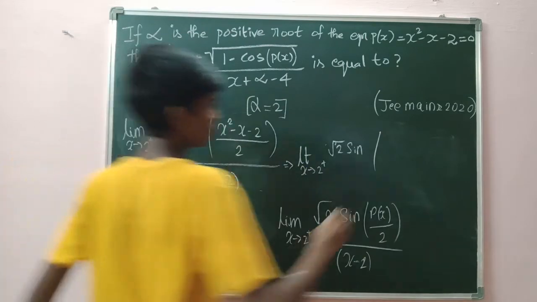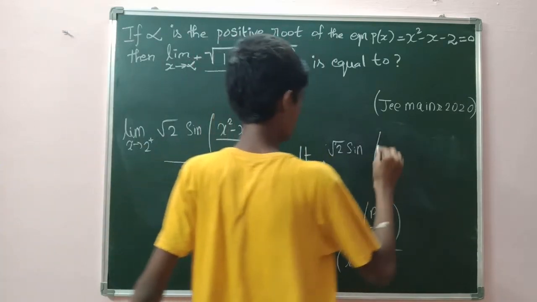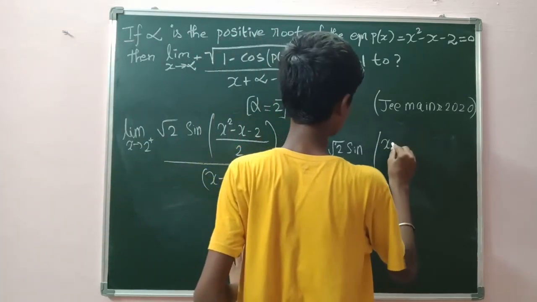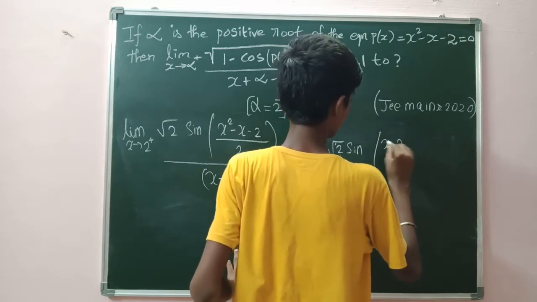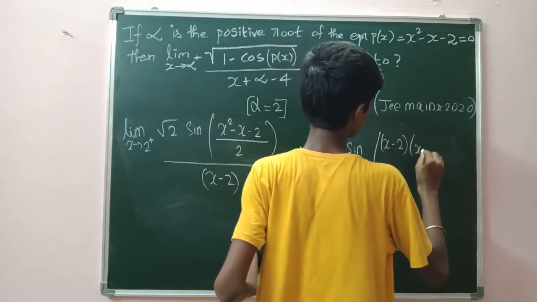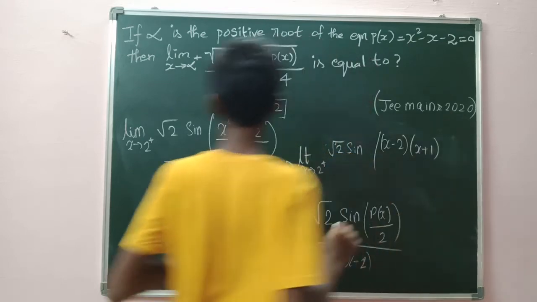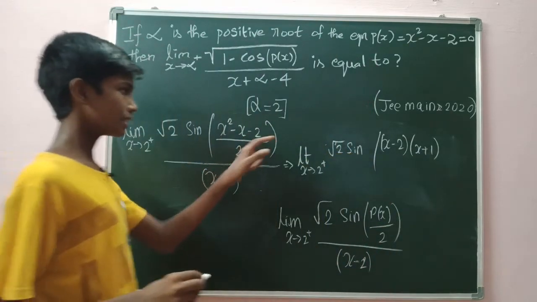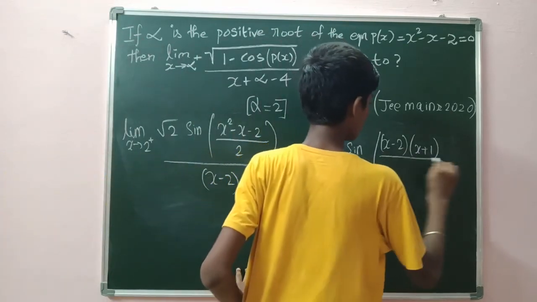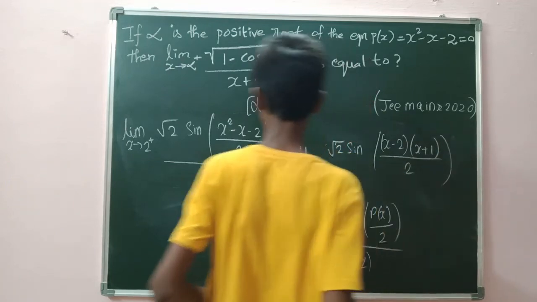When I factorize, we get x minus 2 into x plus 1, then divided by 2.